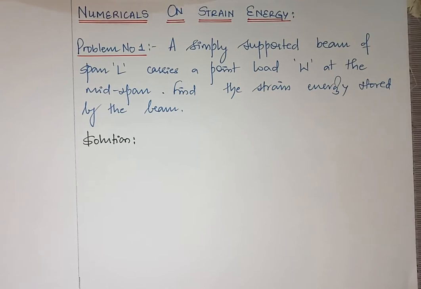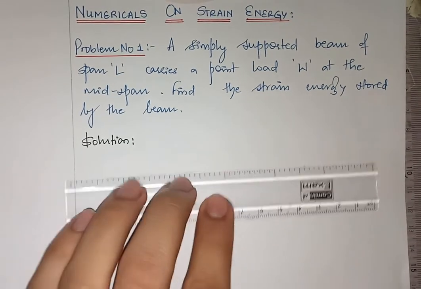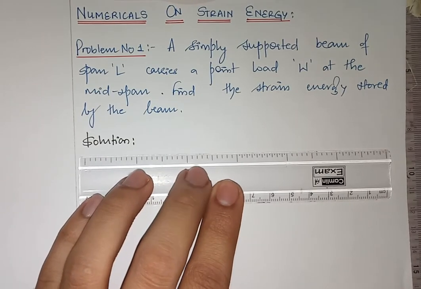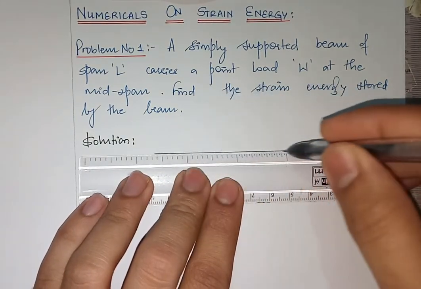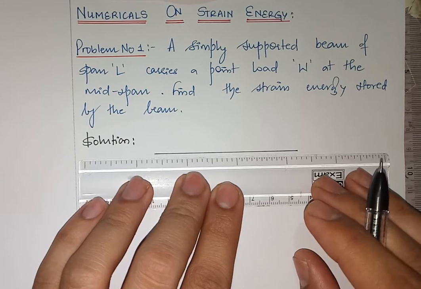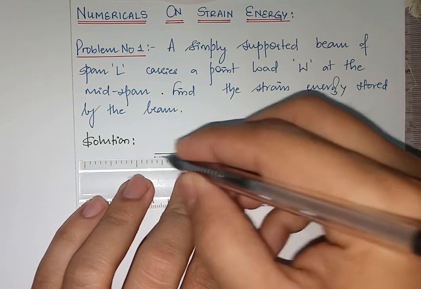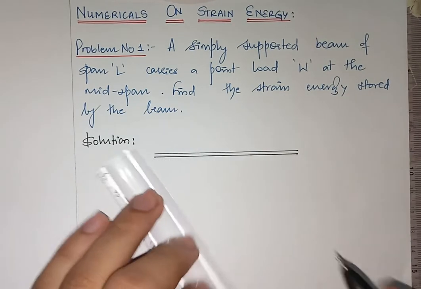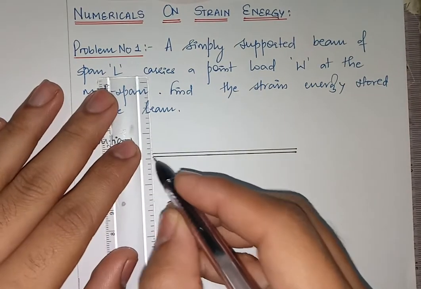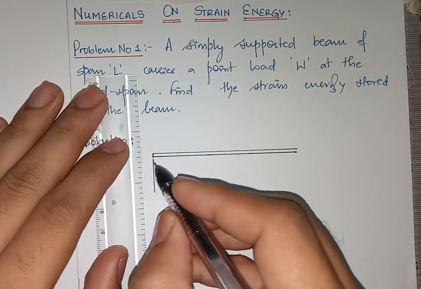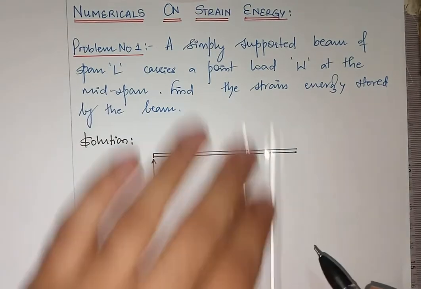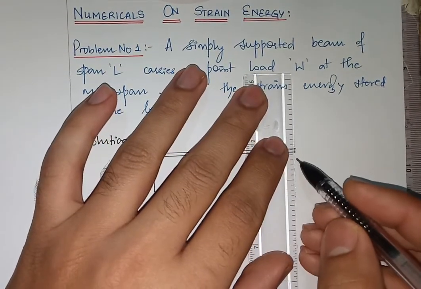First thing I'll be doing here is drawing a diagram of a simply supported beam. Okay, so this is a simply supported beam. Please show the supports on either side.